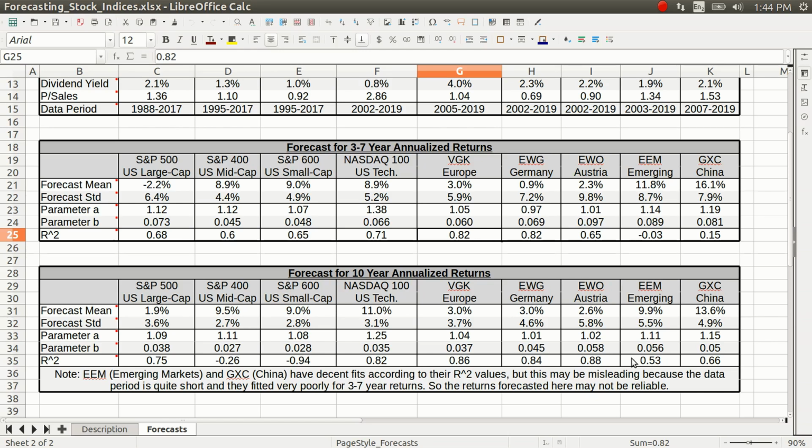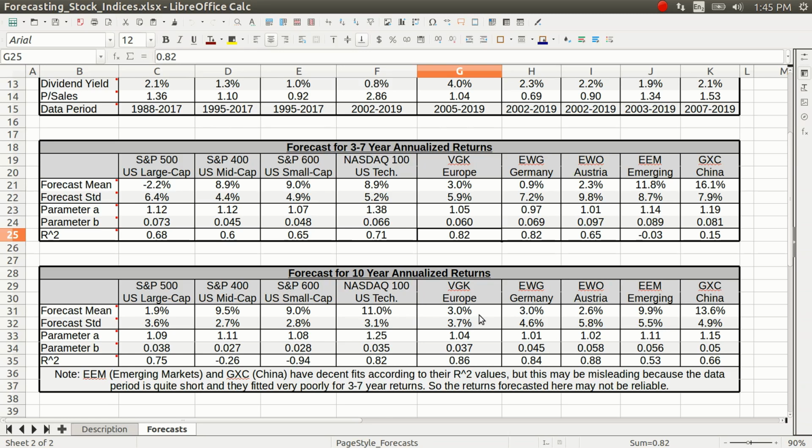And even more so for the emerging markets and China, which have fairly decent R-squared values here. But again, it seems highly unpredictable what the future sales growth and price to sales ratio and so on will be for these markets. And that is what the forecasting model needs in order to make an accurate estimate of the future returns. So I wouldn't consider the emerging market and the China numbers here very accurate at all.